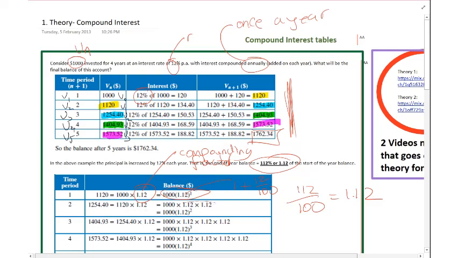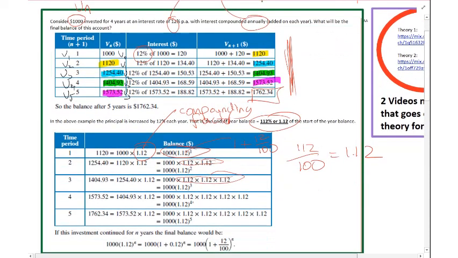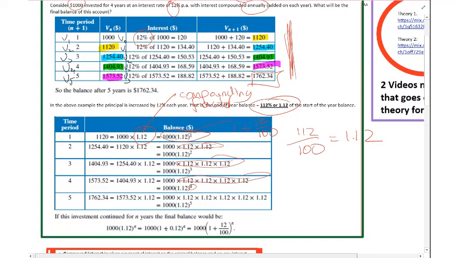It's effectively doing that twice, so I can square it. Then I cube it, and then to the power of 4. You're doing that 4 times. So basically you're writing it in this form here. This is the form you want to write it in at the end.